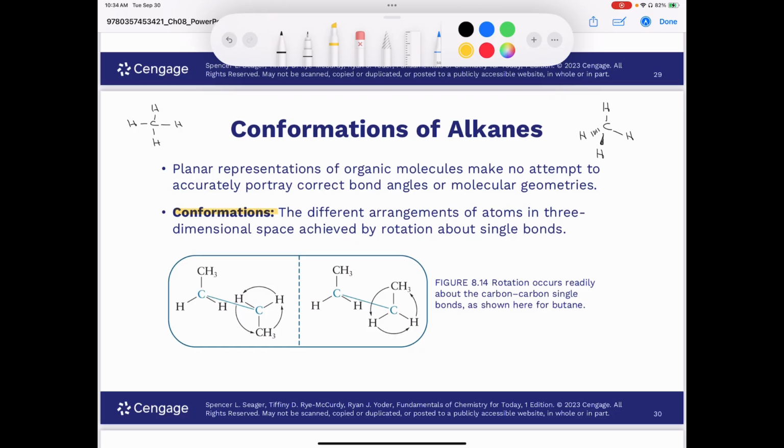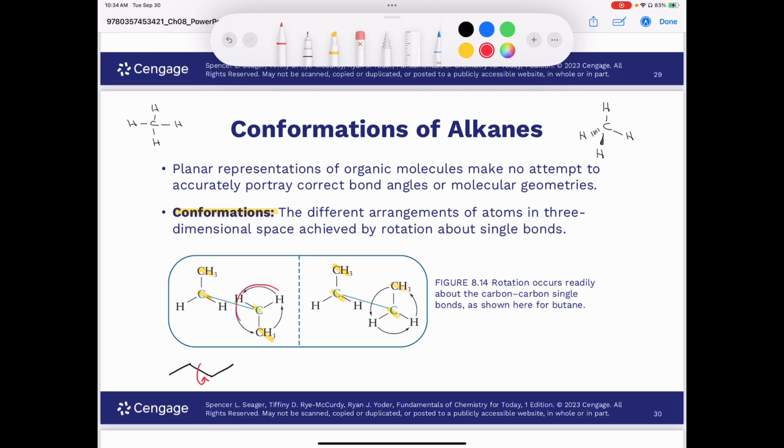And so the molecule that's shown here, it says rotation occurs readily around butane. So this is butane. You have CH3, CH2, CH2, CH3. If you make a model of butane, and if I just use a bond line structure, what you're going to see is that you can rotate this bond here, and that's what they're doing here essentially.